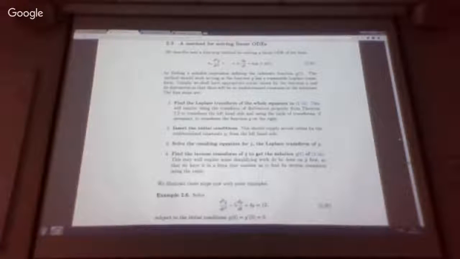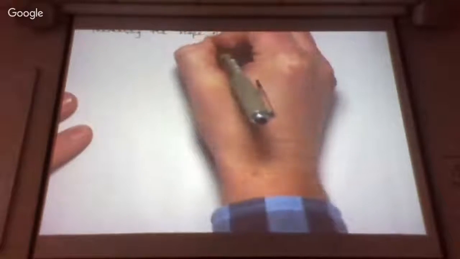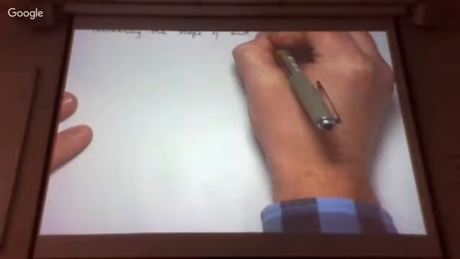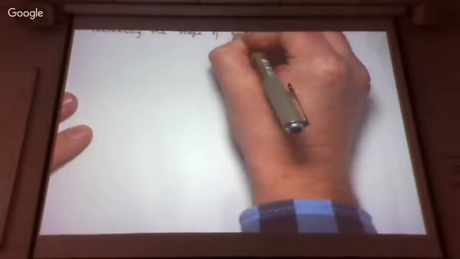But what we want to do now is to look at a way of widening out the domain of the problem. What that means is increasing the scope of our technique for solving differential equations.